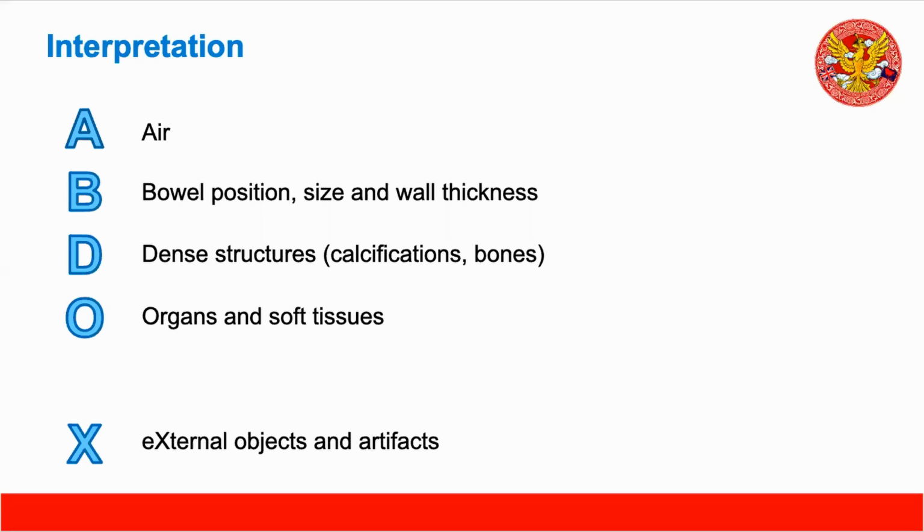But this one stands for A for air, B for bowel position, size, and wall thickness, D for dense structures, such as calcifications and bones, O for organs and soft tissues, and X for external objects and artifacts. Whenever I see an abdominal x-ray, I try and work through this schema just to see if there are any abnormalities and where they may be.